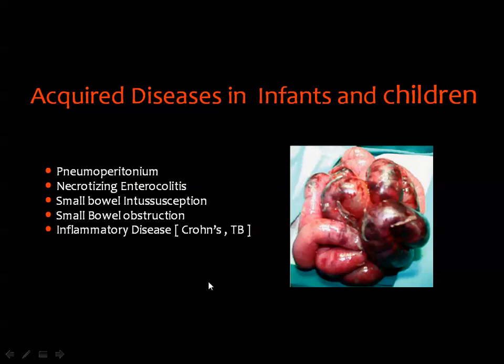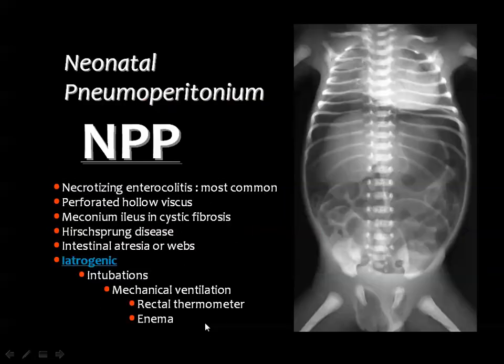Then we come to the acquired lesions of the small bowel. We would like to say something about pneumoperitoneum, necrotizing enterocolitis, small bowel intussusception, small bowel obstruction, and some of the inflammatory diseases like Crohn's disease and TB.